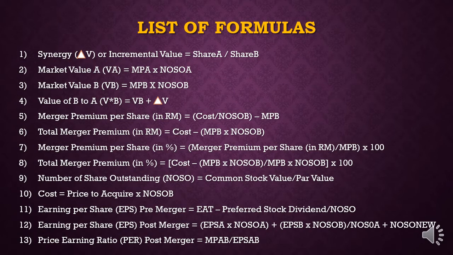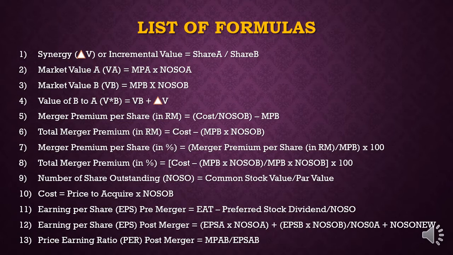For formula number 5, which is regarding merger premium per share in RM, the formula is equal to cost of the merger divided by number of shares for the B company, minus the market price of the target company, which is MPB. And for the next formula, which is total merger premium in RM, the formula is equal to cost of the merger minus the market price of B, which is MPB, times number of shares of B company.